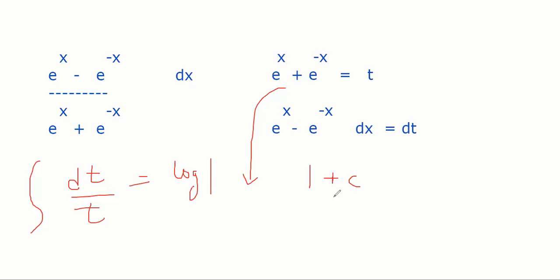But if I give a question, this is already clear, right, everybody? If I give a question like this, then what are you going to do? Integration of 1 over 1 plus e to the power minus x dx.